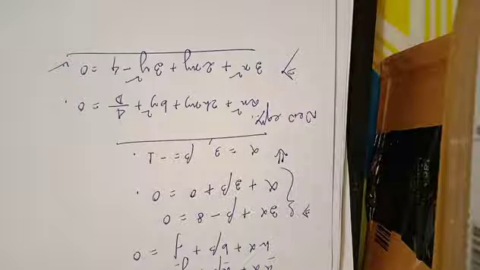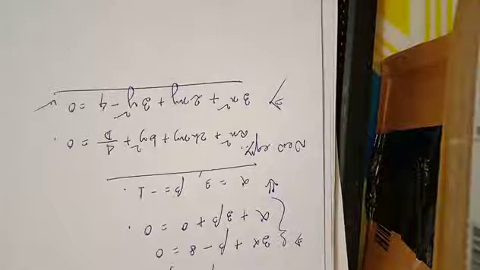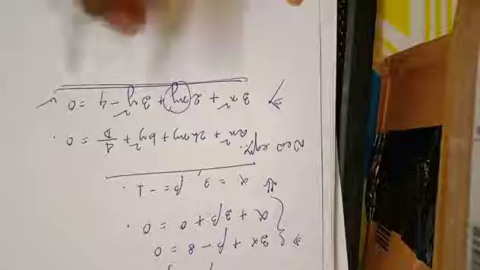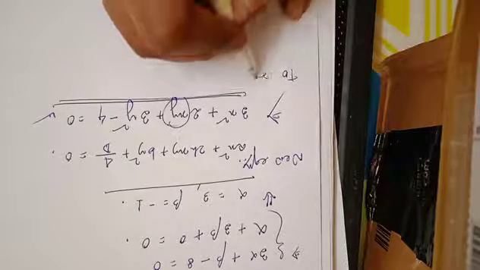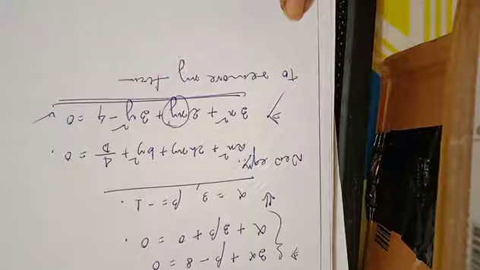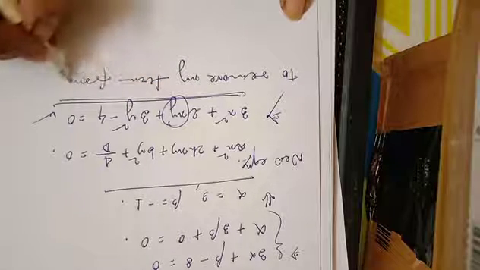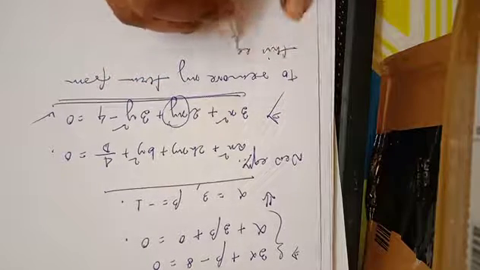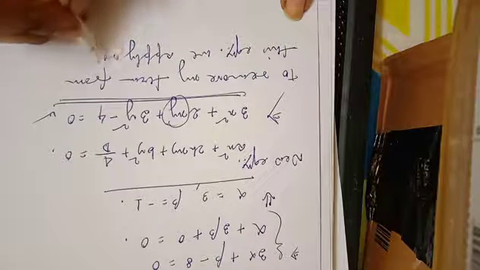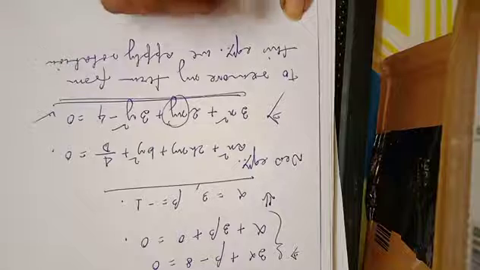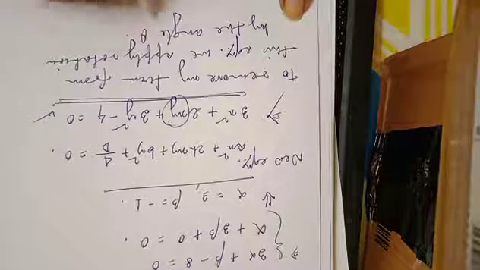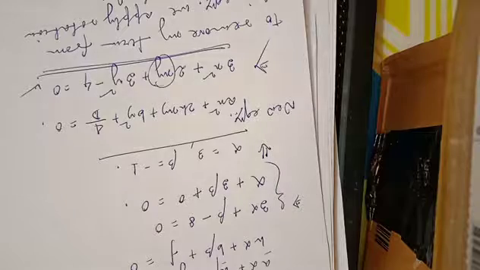Now we have to apply rotation. That means by rotation we want to remove the xy term from this equation. So to remove the xy term from this equation, we apply rotation by the angle theta.